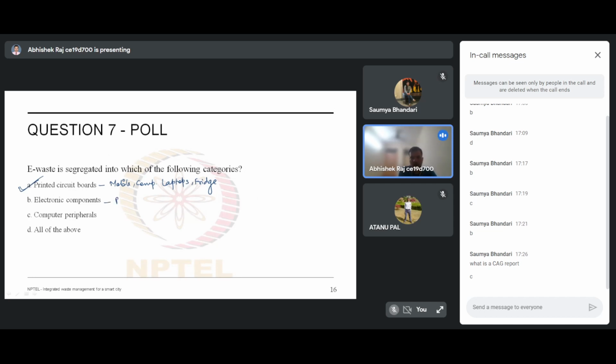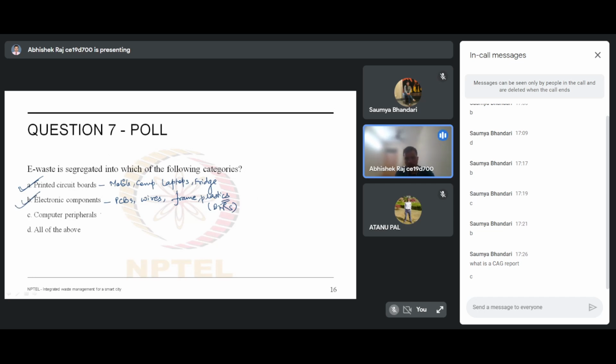Electronic components can have the above PCBs. They can have wires, and the frame which is used for conduction. They can have certain plastics which are used for reducing the chances of a fire incident, so these are flame retardants, BFRs. Different kinds of things can be there in the electronic device, and these are called electronic components. So option B is also correct.